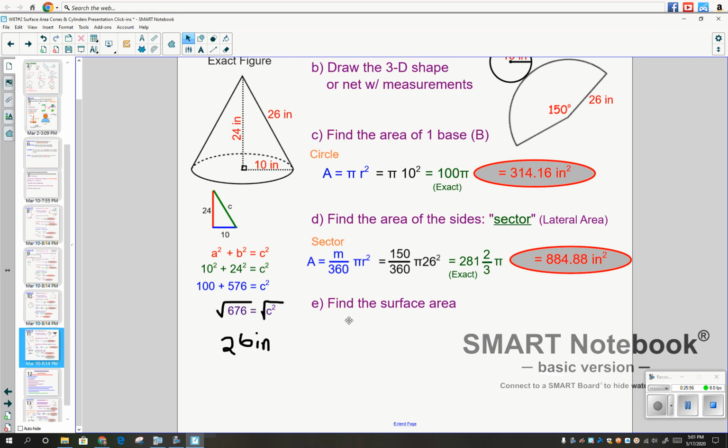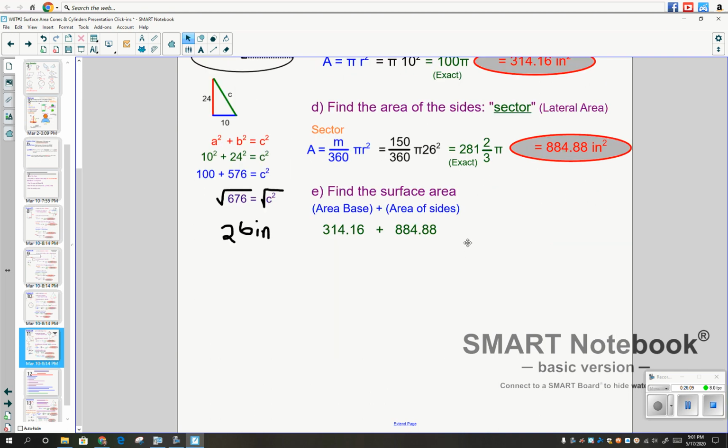How do I find the surface area? The area of the base plus the area of the sides. The base is 314.16. The sides is 884.88. Add them together. I get 1,199.04 square inches.